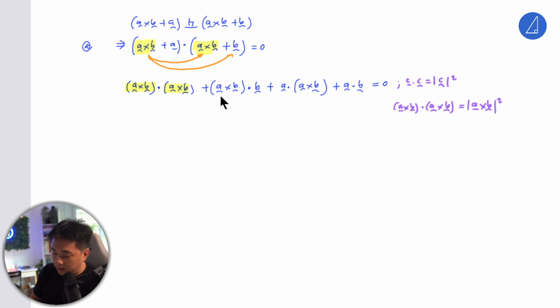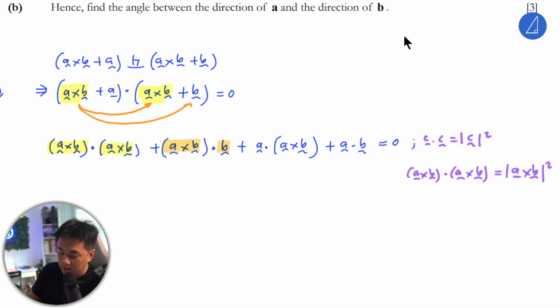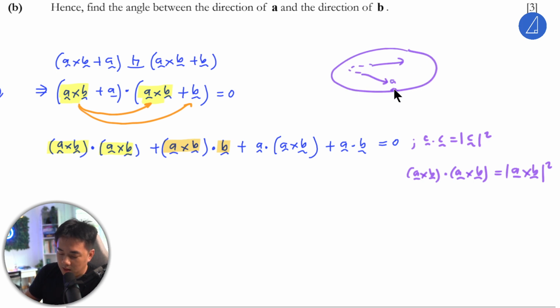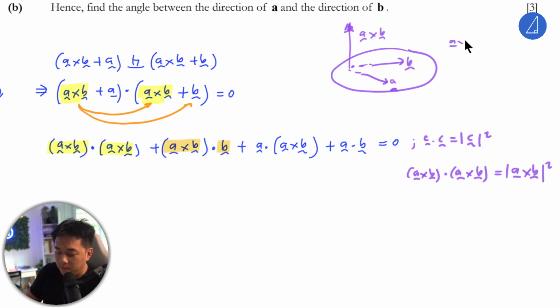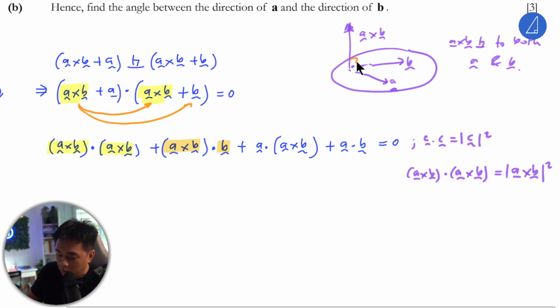Then after which, just understand that when we have A cross B dot B, this will be 0. Because essentially, A cross B is a normal. Let's say we have a plane, this is A and this is B. So this would be A cross B. Now the thing about A cross B is that it is perpendicular to both A and B. So meaning to say, the cross product is a normal, right?